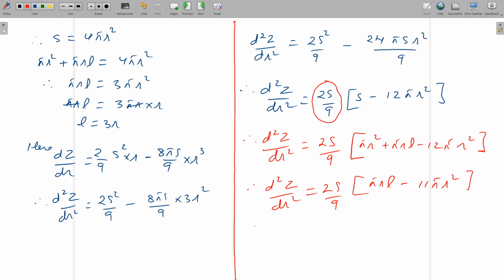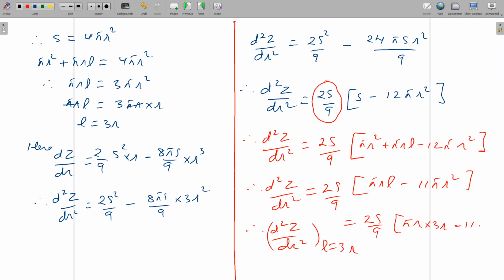Therefore d square z by dr square when r equal to L by 3, that is when L equal to 3r, equal to 2s by 9 into pi r into 3r minus 11 pi r square.